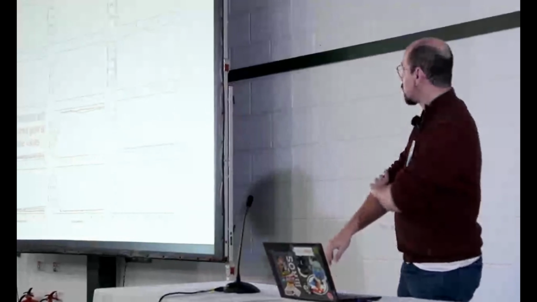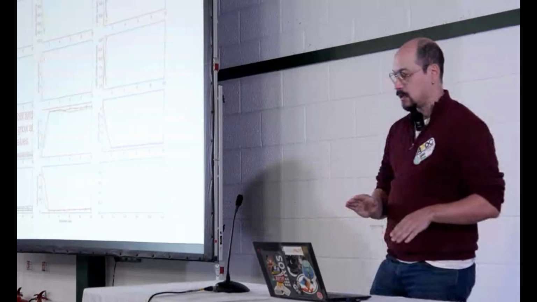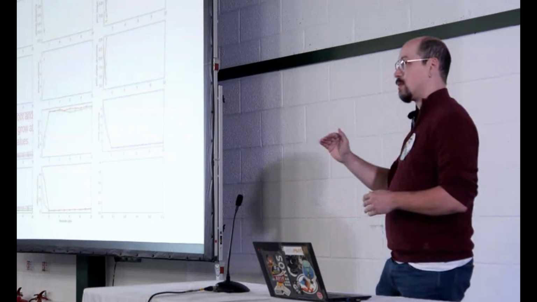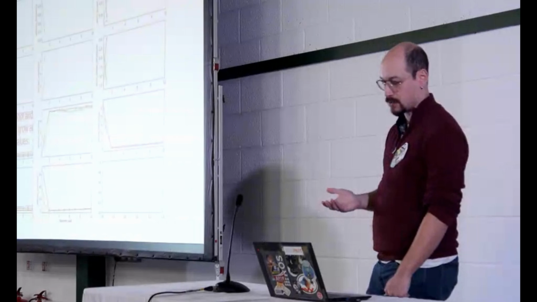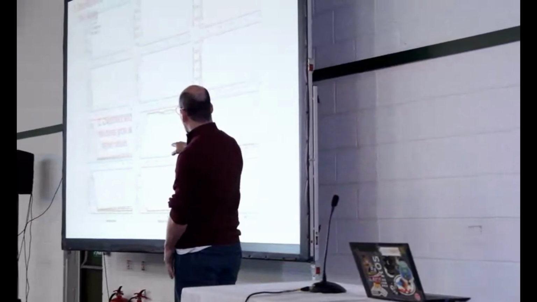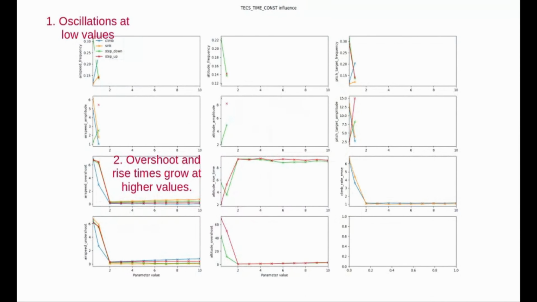But you also see that for this particular pitch tune of the vehicle, setting the TECS time constant more than the minimum value to guarantee stability doesn't really alter the behavior. Yes, it kind of makes for a more pronounced airspeed overshoot or undershoot, but not by a huge amount.